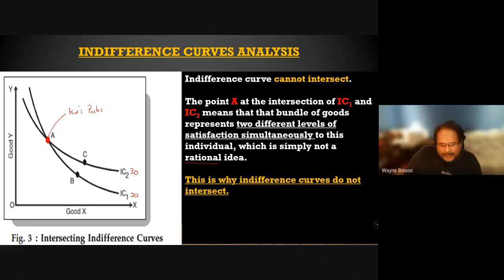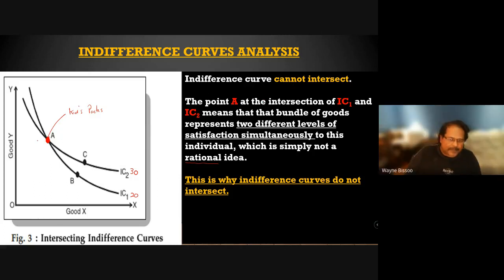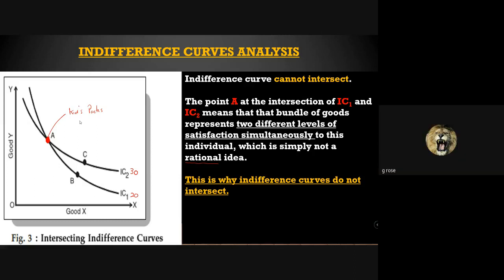It cannot be that the same kids pack is giving you two levels of satisfaction at the same time. That's what this rule is talking about. The curves cannot intersect because one bundle of goods, in your case the kids pack of fried chicken and chips, cannot represent two separate levels of satisfaction. That makes sense? Yes, I understand.